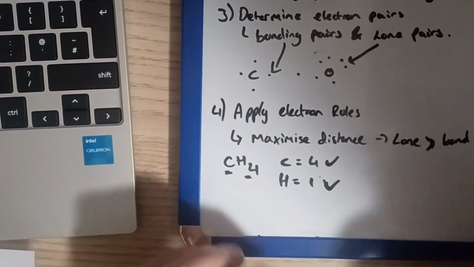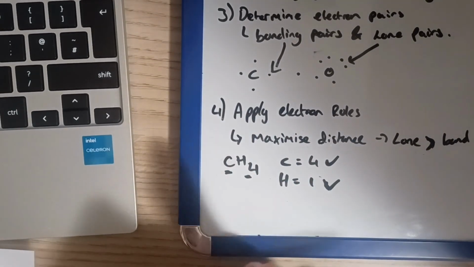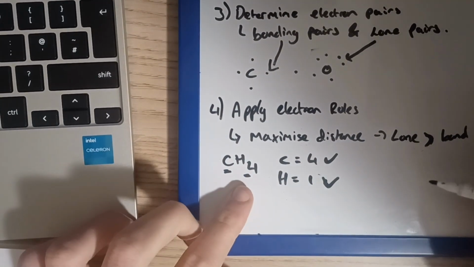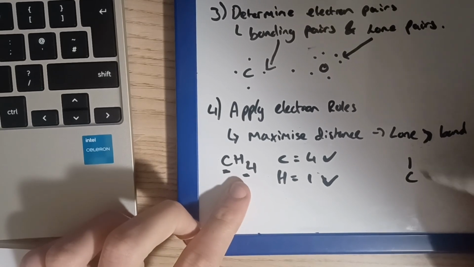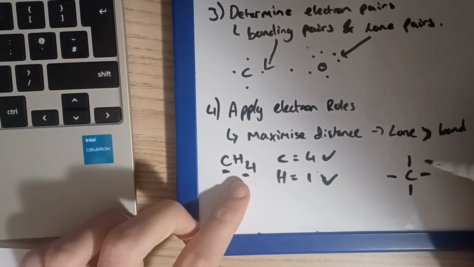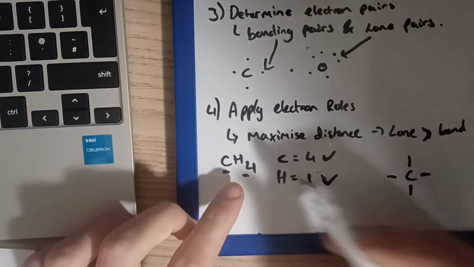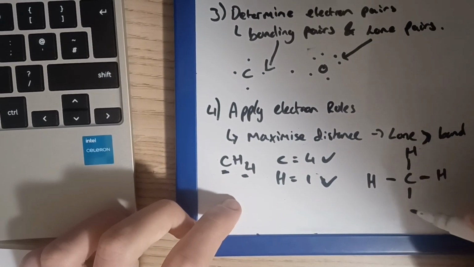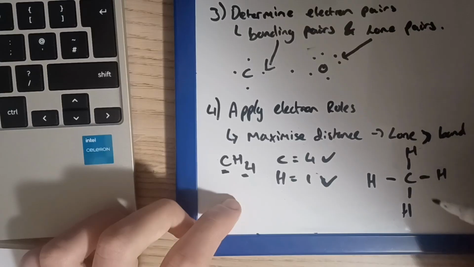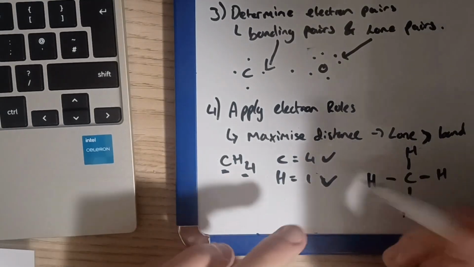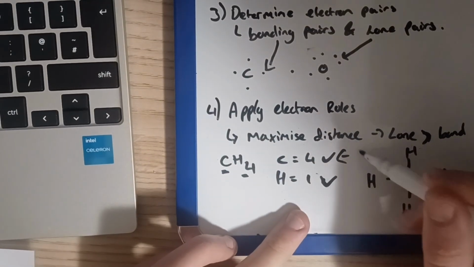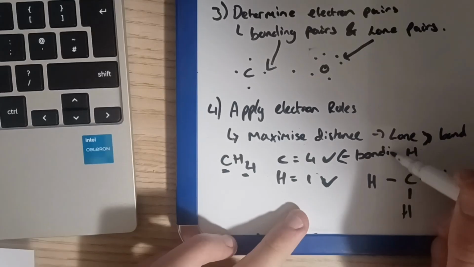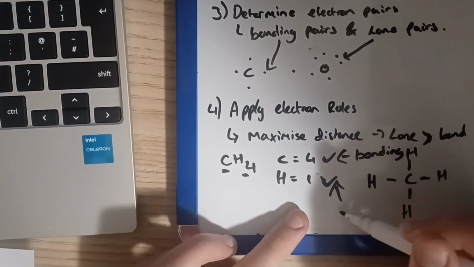In methane, carbon is using 1, 2, 3, 4 of its 4 electrons for bonding, as there are 1, 2, 3, 4. So these are all bonding, and these are also bonding.